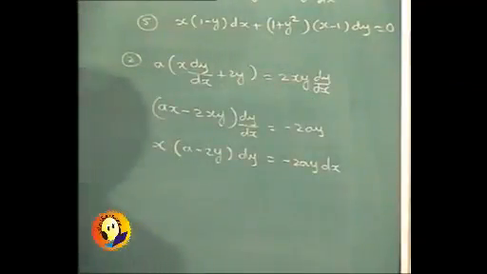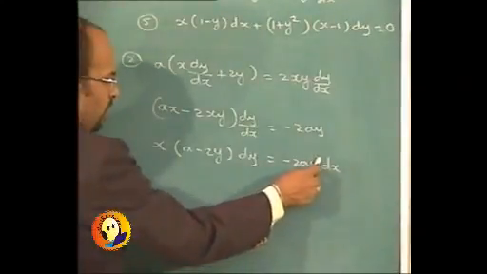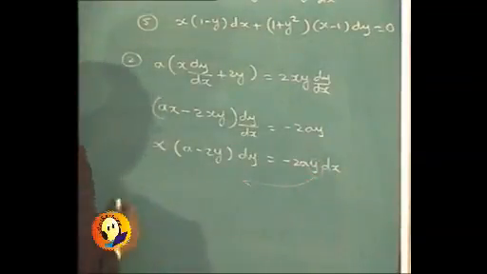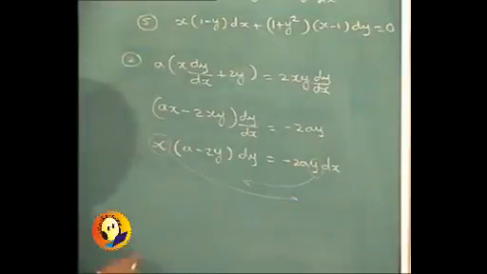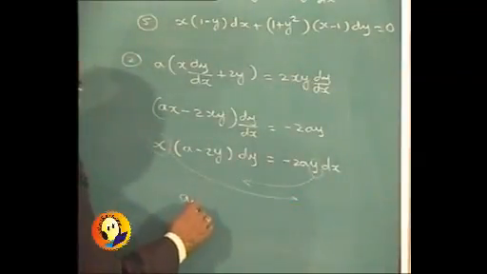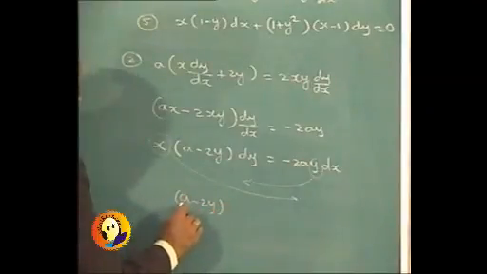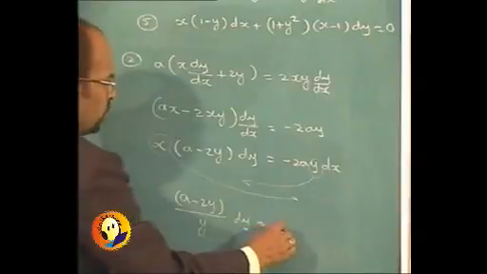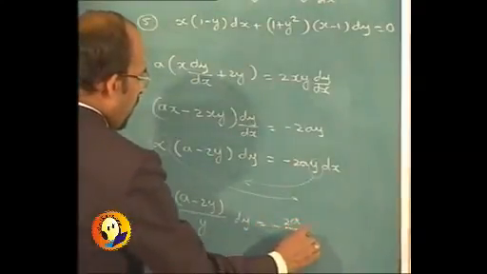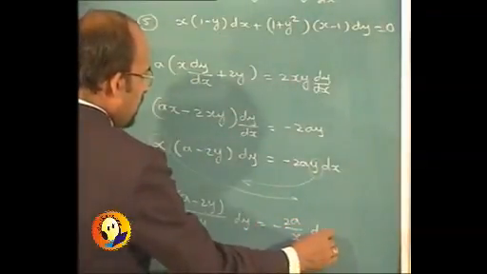Now we want all y terms on one side and x terms on the other. So this particular y can be shifted as a denominator here, and x can be shifted as a denominator of the right hand side. It can be written as a minus 2y upon y dy equal to minus 2a upon x dx.